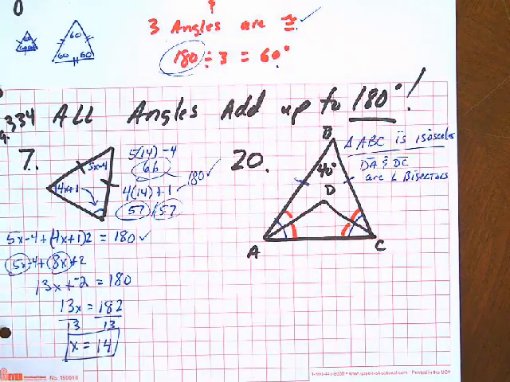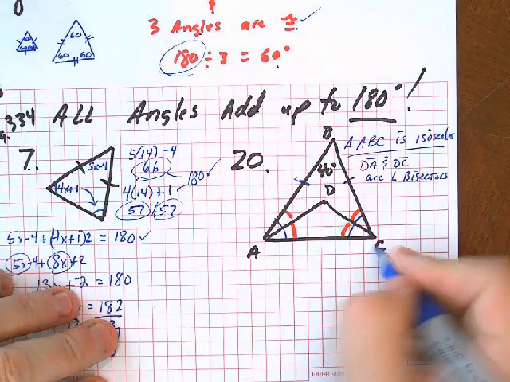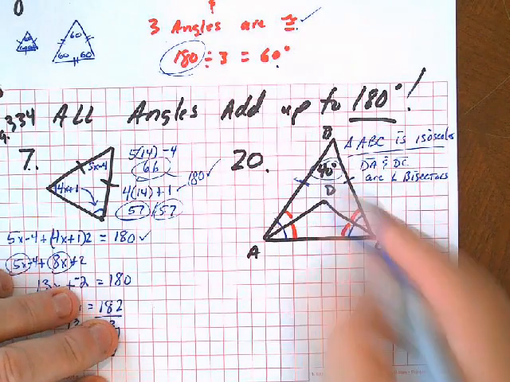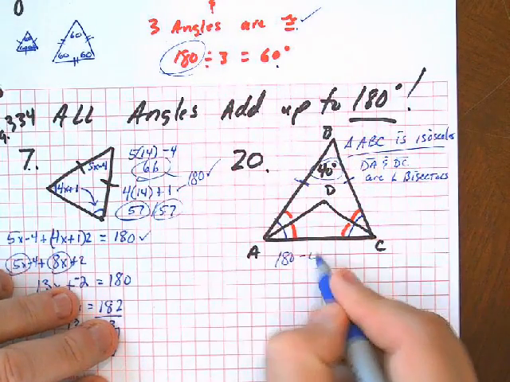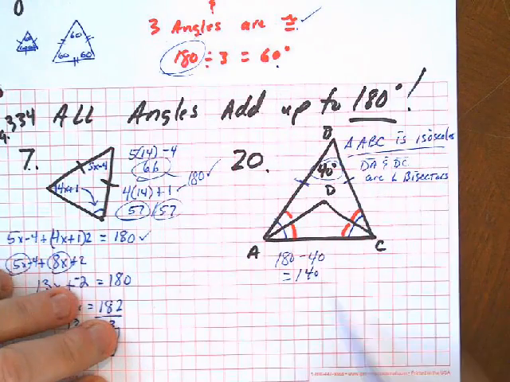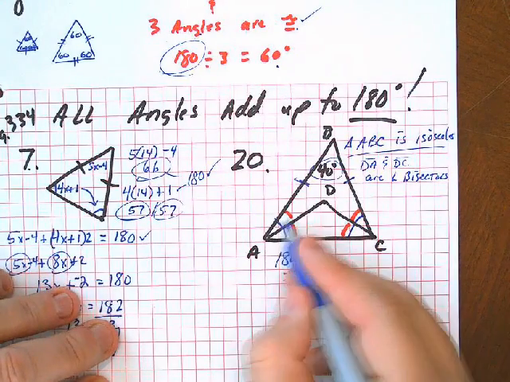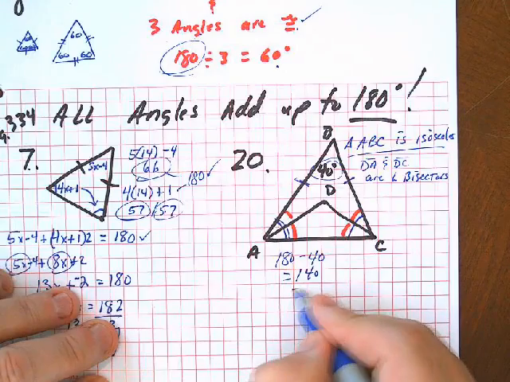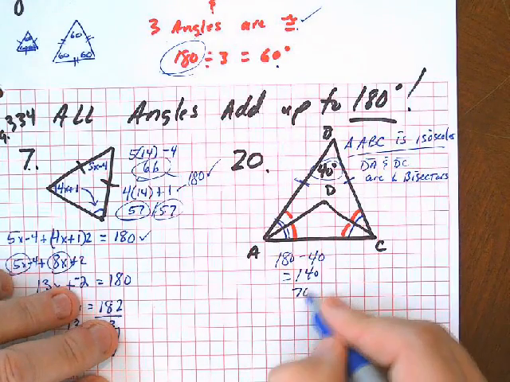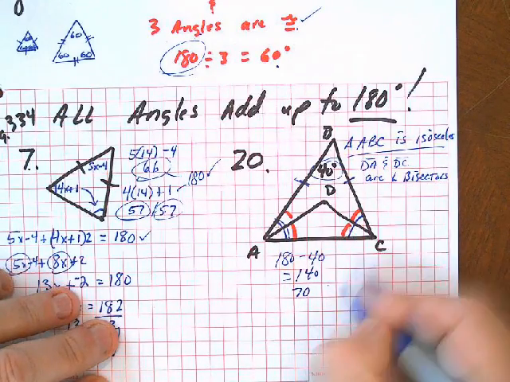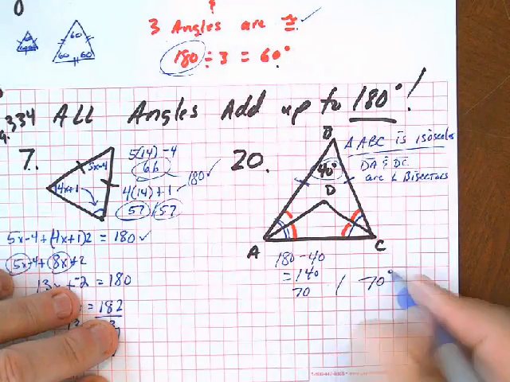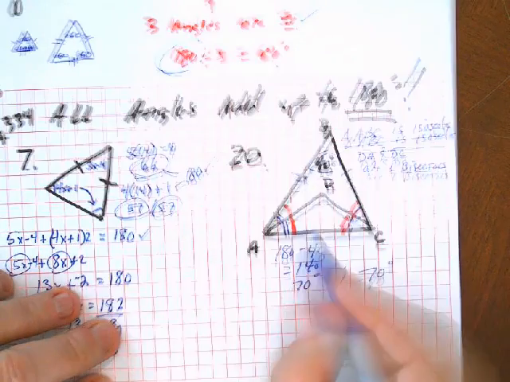Well, look at the big triangle. We know the vertex angle is 40, which it is, so 180 minus 40 gives me 140. So that means that this entire angle is 70, and this entire angle is also 70.